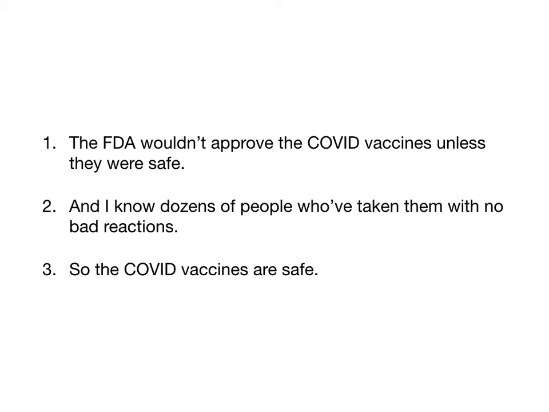Here's an example. The FDA wouldn't approve the COVID vaccines unless they were safe. And I know dozens of people who've taken them with no bad reactions, so the COVID vaccines are safe. Both 1 and 2 give you independent reasons to think that 3 is true.